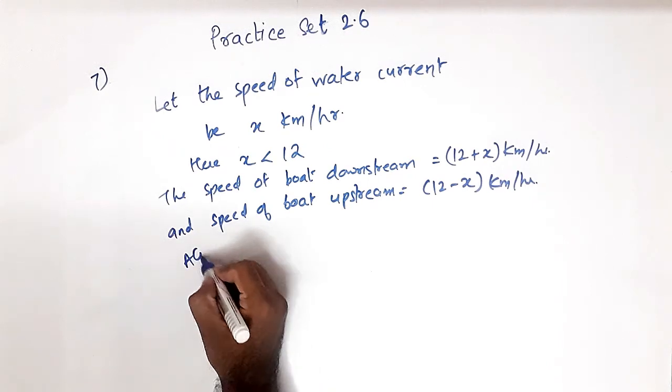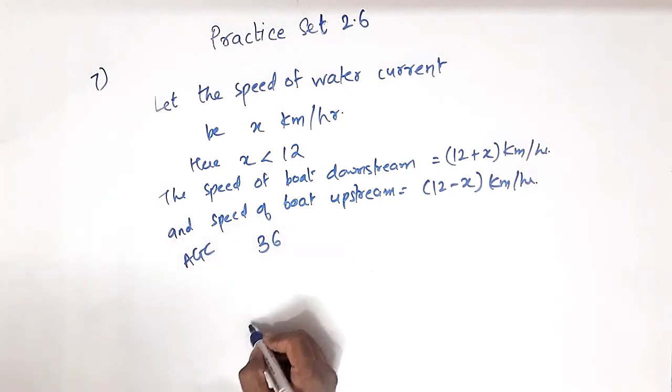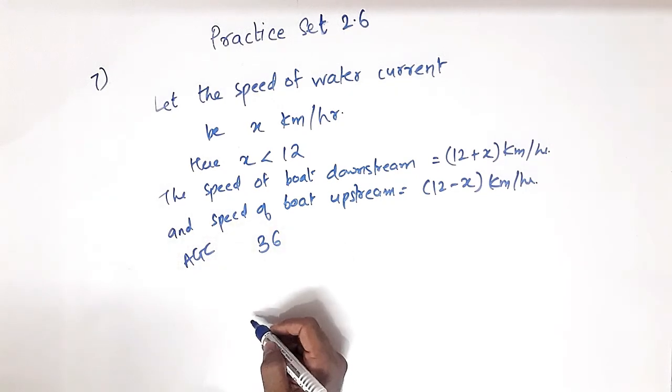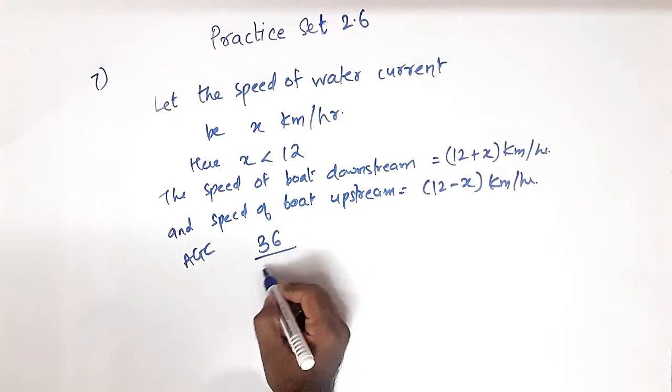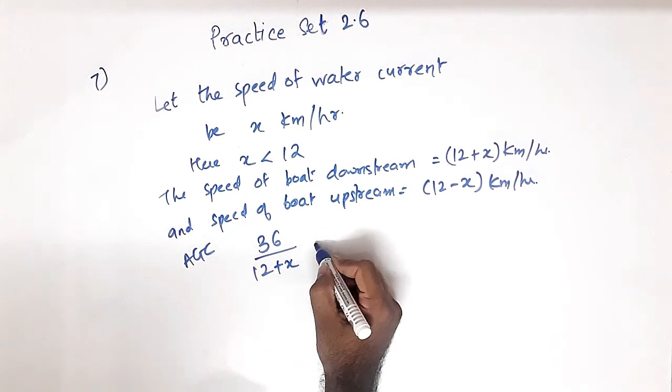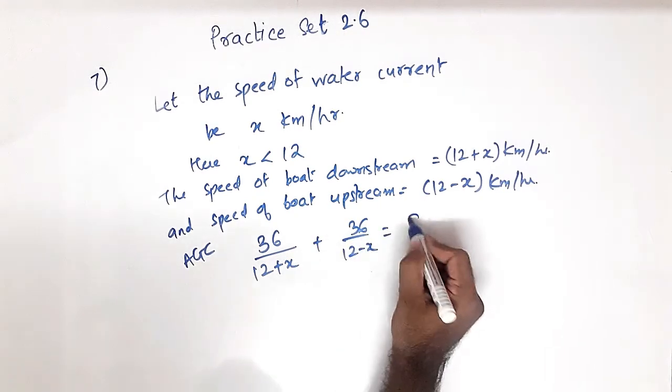So according to the given condition, the total distance traveled: 36 upon 12 plus x plus 36 upon 12 minus x equals 8.